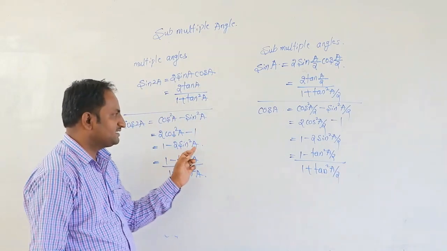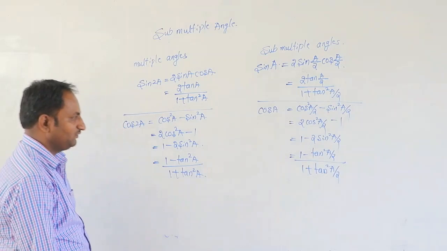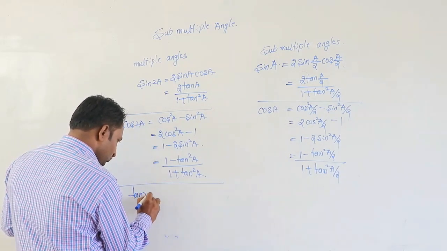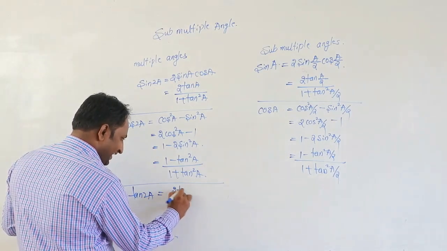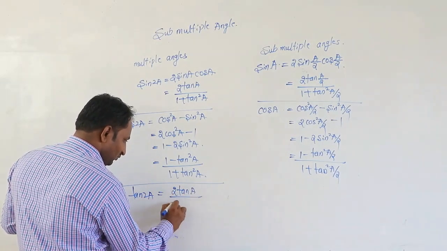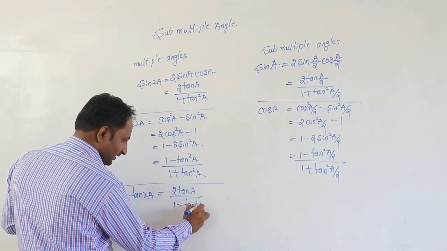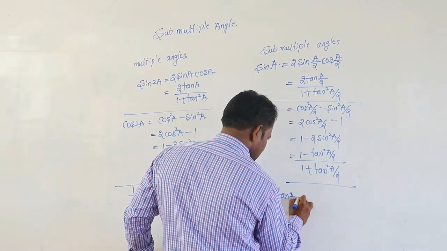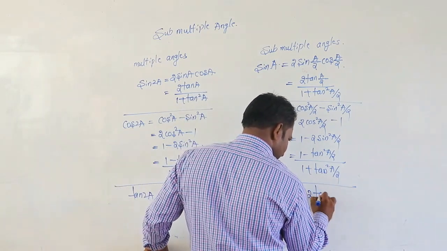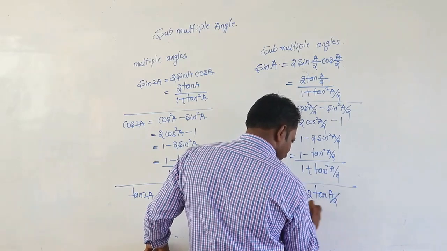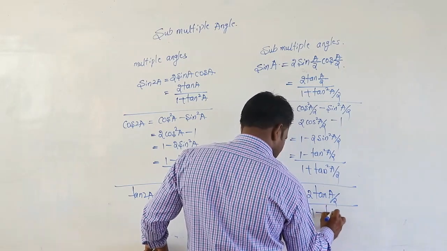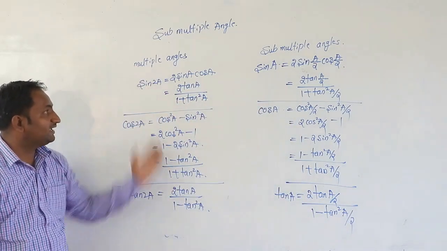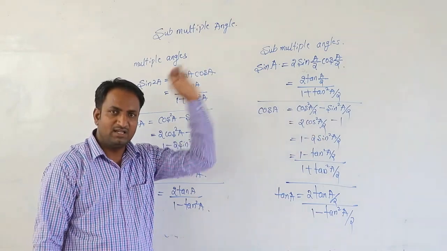Then tan of 2a is equal to 2 tan a divided by 1 minus tan square a. Here tan of a is equal to 2 tan a by 2 divided by 1 minus tan square a by 2. These are the multiple angles and these are the submultiple angles to remember.